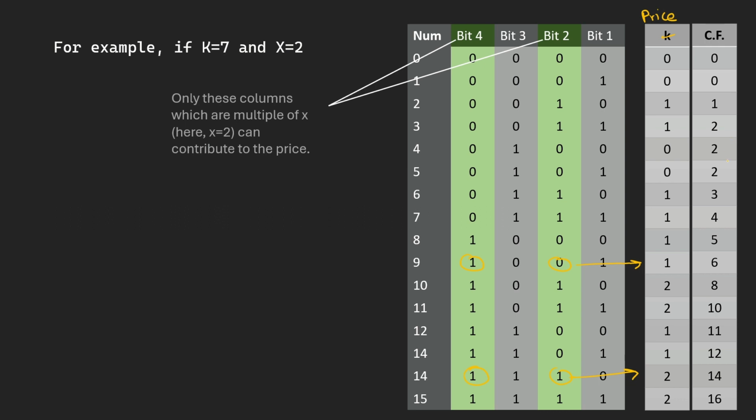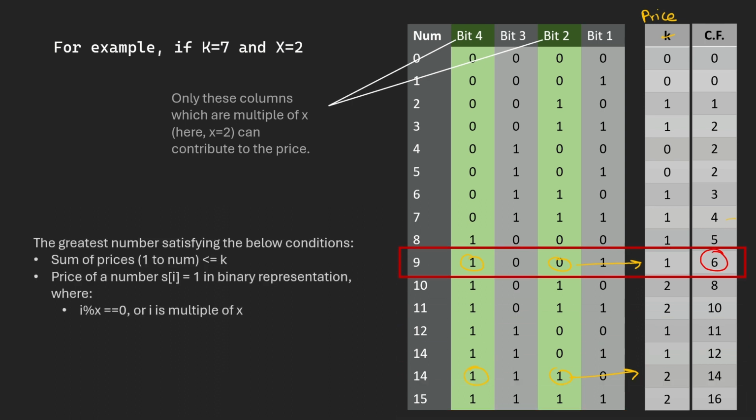If we see here, 2 is less than 7, 3 is less than 7, 4 is less than 7. So the largest number whose cumulative price is less than or equals to 7 is nothing but 9. So 9 will be our answer.